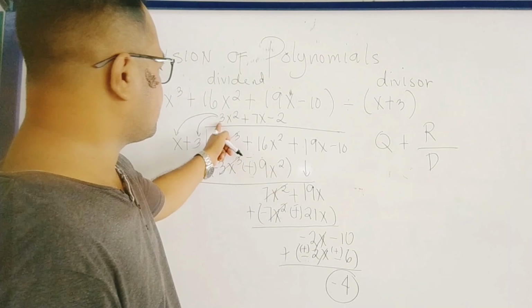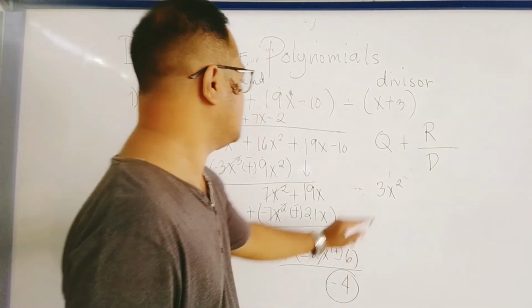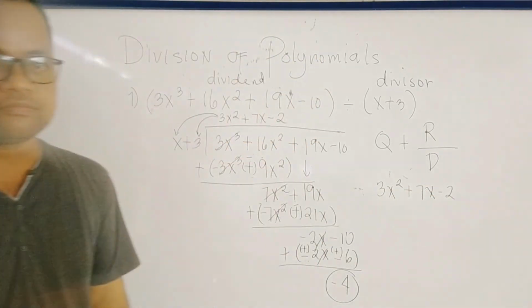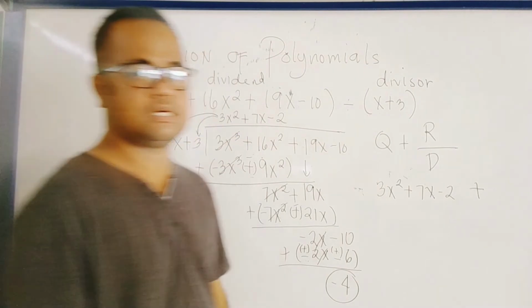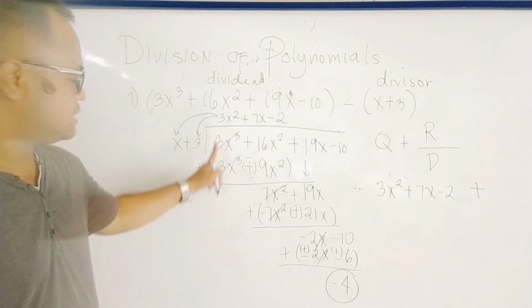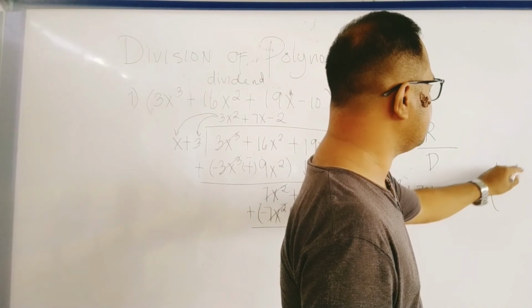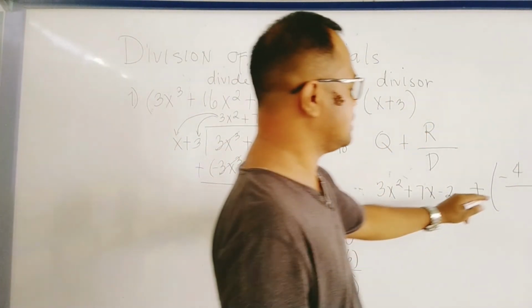So, what is your quotient? The quotient here is 3x squared plus 7x minus 2. Then we have here plus the remainder, which is negative 4, over your divisor x plus 3.